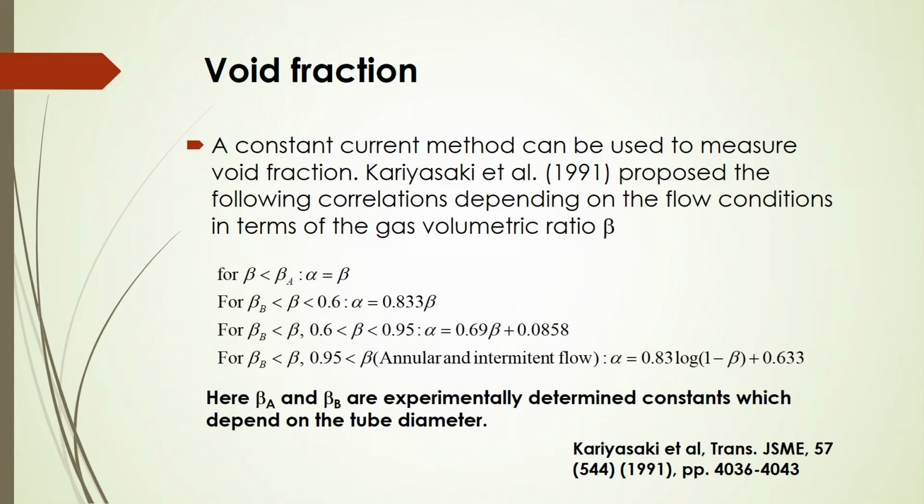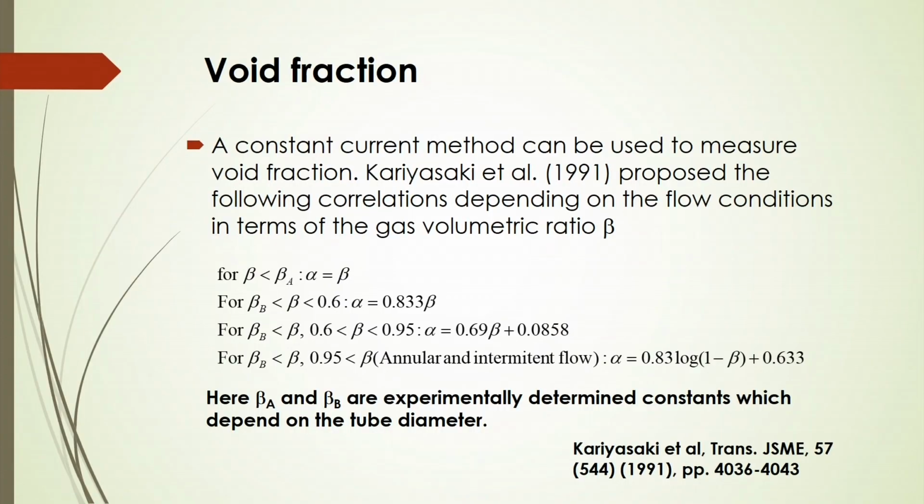Mainly in microchannel based reactors, a constant current method can be used to measure the void fraction. It was proposed by Kariyasaki in 1991, and as per their experimental results, they have suggested some correlations to predict the gas hold up in the channel.